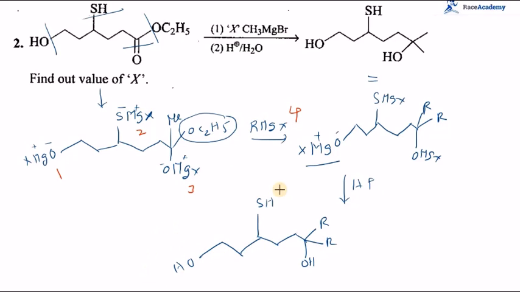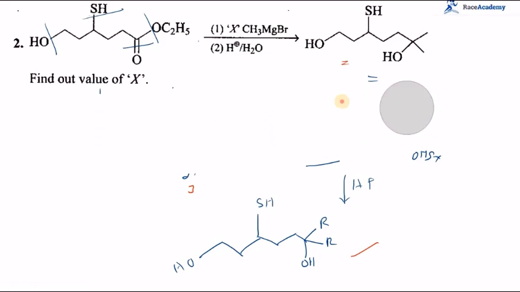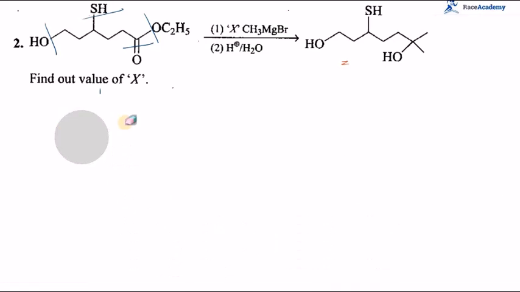The total is 4. After that only we got the given product. So overall, how did the reaction take place? One ester requires 2 Grignard reagents.